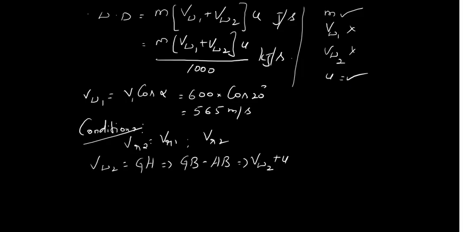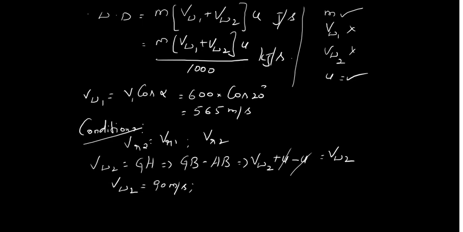Now minus U. If I write this relation, finally I come up with the value of VW2. Okay, now I get the value of VW2 as 90 meter per second.